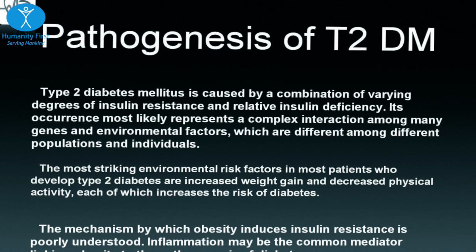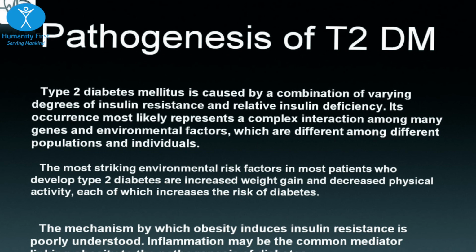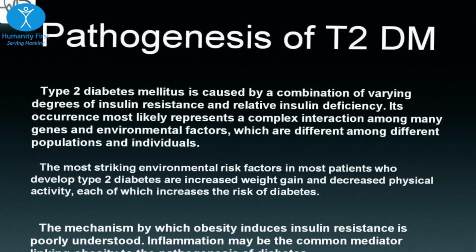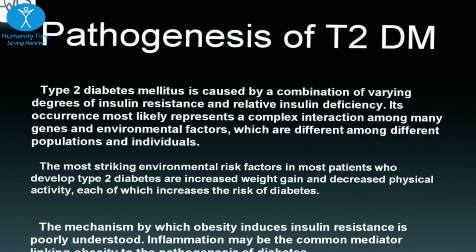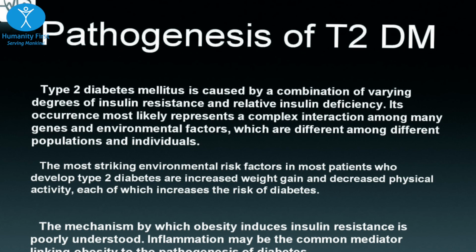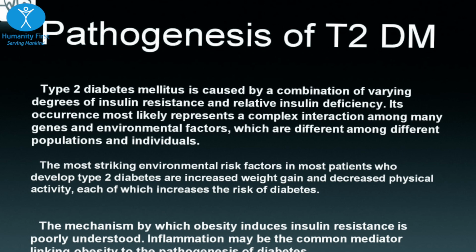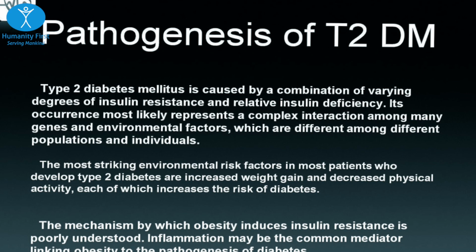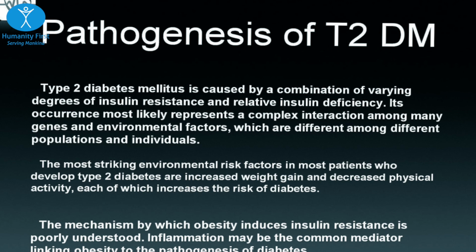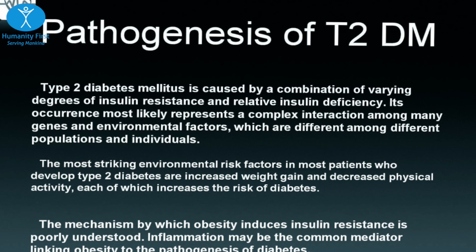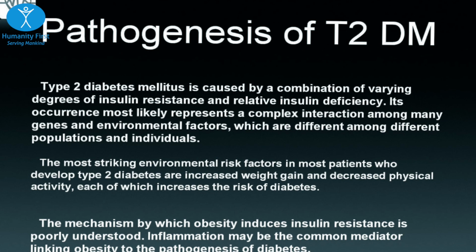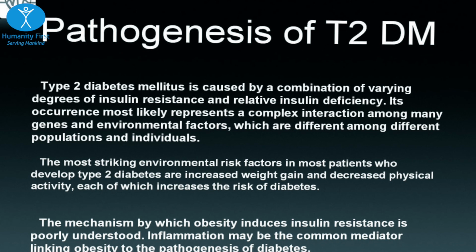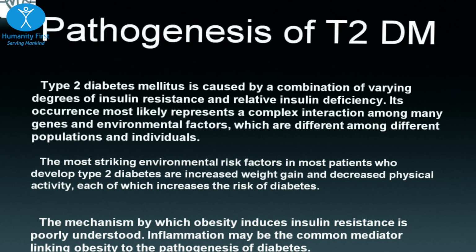It is a complex interaction among many genes and environmental factors, which are different among different populations and individuals. The most striking environmental factors in most patients who develop type 2 diabetes are increased weight gain and decreased physical activity. So it's no brainer.